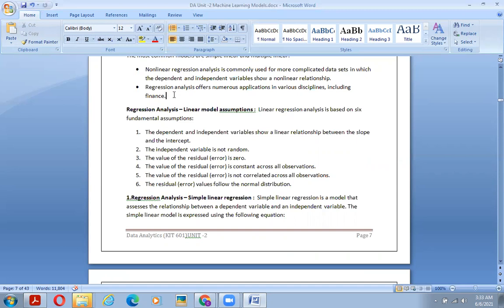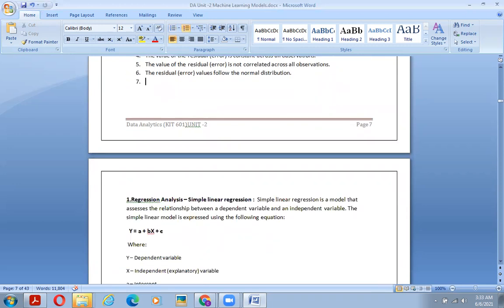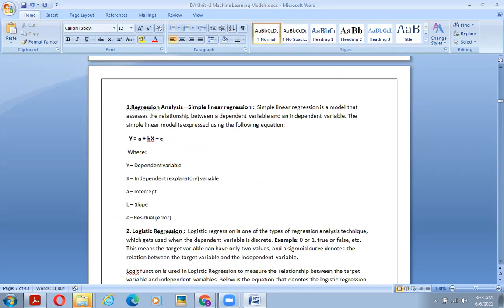We will understand this when we see the graph of the linear relationship. The independent variable is not random. Third, the value of the residual error is zero. The value of residual error is constant across all observations. Next, the value of residual error is not correlated across all observations. The residual error values follow the normal distribution. These are some constraints we need to follow when we say this is a regression analysis.